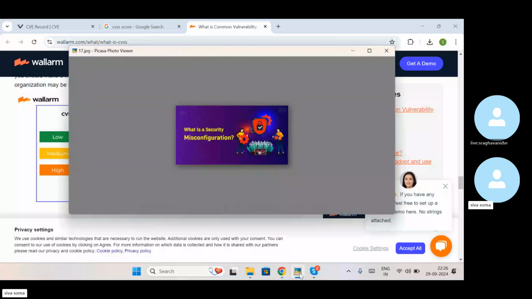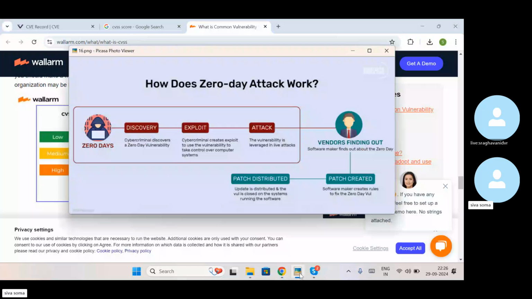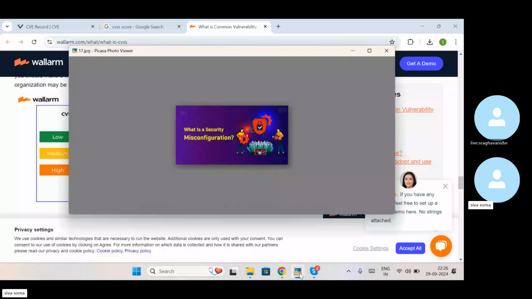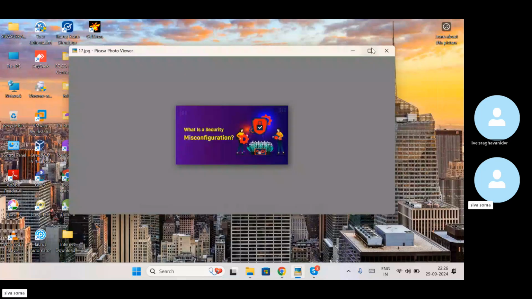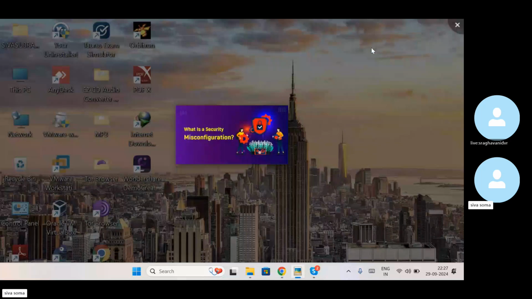The next one is security misconfiguration. Security misconfiguration is nothing but manually misconfiguring something. For example, if you are using telnet instead of secure shell, it leads to vulnerability, because telnet sends keystrokes in plain text.